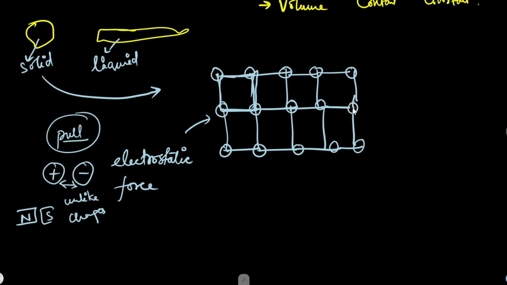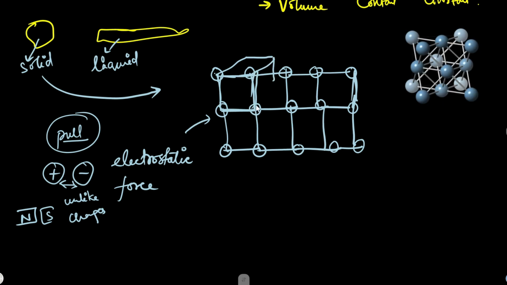But what happens in case of the liquid? In case of the solid, this bond is not only because of two molecules, it is actually because of the lattice formation that happens when it is a solid. So all the molecules are attached to each other in such a fashion that they will not move.